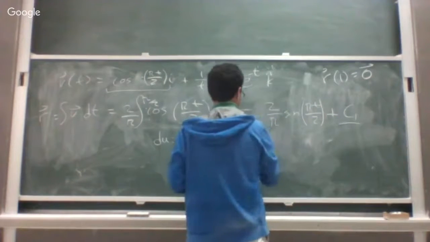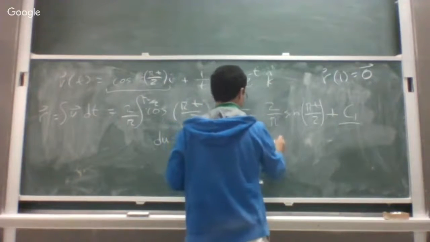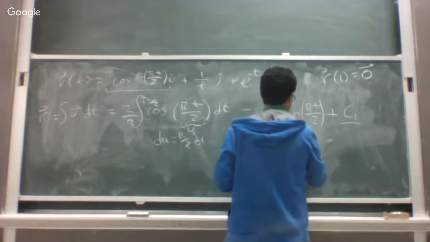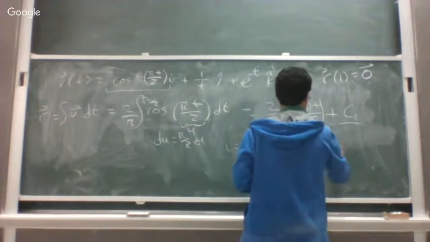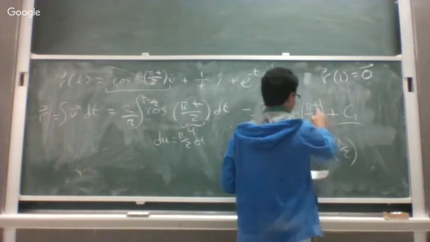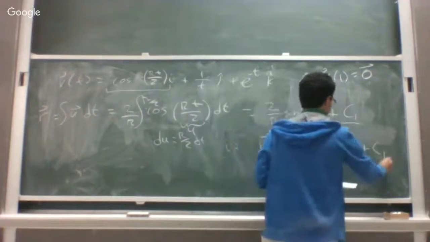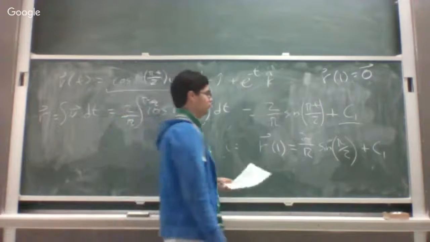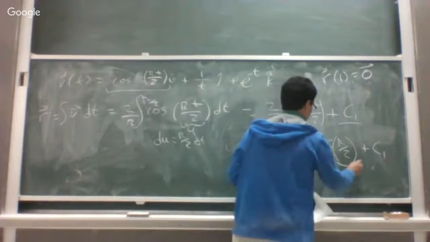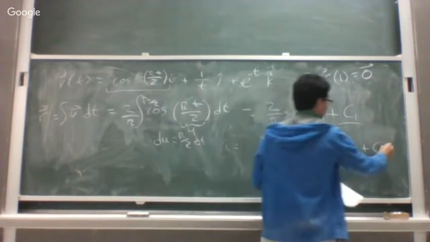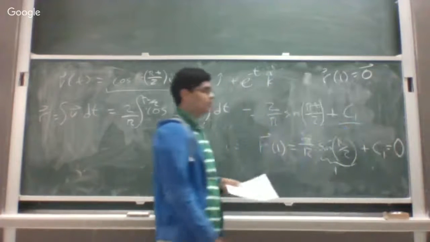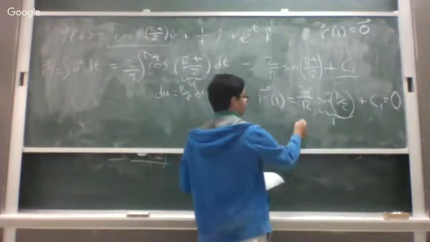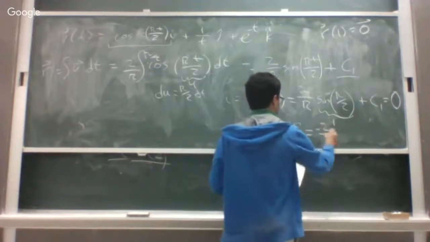Now this is just the i component. r of 1 is equal to 2 over pi times sine of pi over 2 plus c1. What's sine of pi over 2? It's 1, and all of this is equal to 0. If you solve that out, c1 is equal to negative 2 over pi.